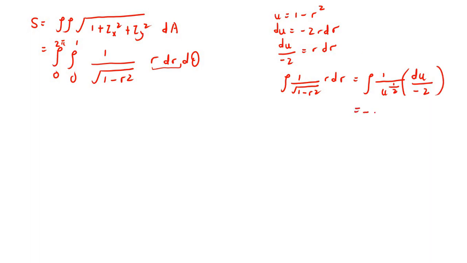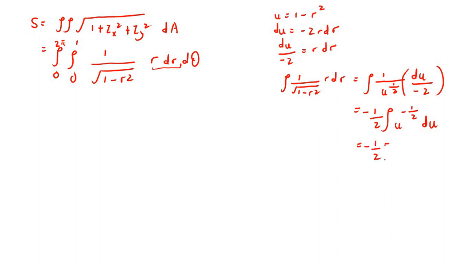So we have negative 1 over 2, u to the power half brought up becomes u to the power negative half du. So now you can integrate u to the power negative half with respect to u.